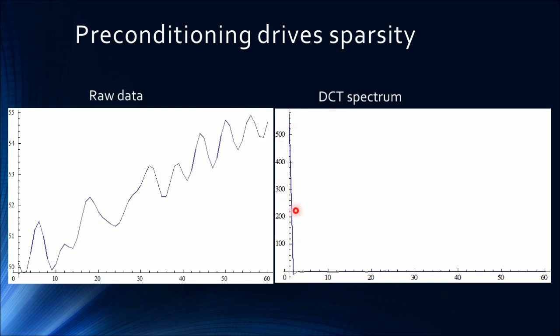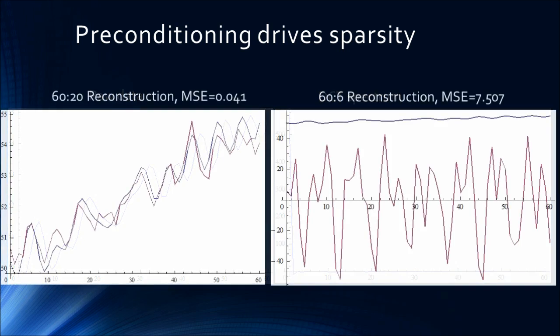One giant spike, a little bit of a rebound, and then the rest of that might as well just be 0. That looks pretty sparse. However, not so good recovery, 0.041, at 10 to 1, 3 to 1, and 10 to 1, just terrible recovery using that data straight up.